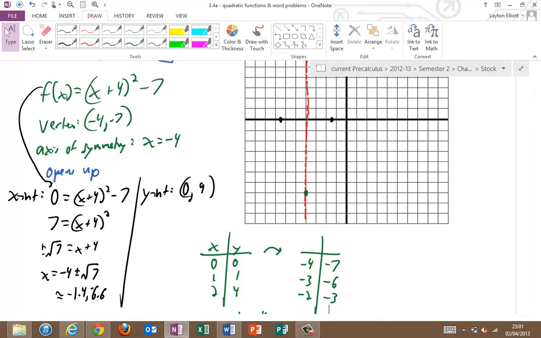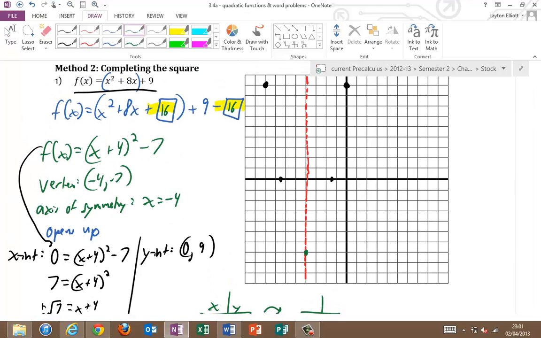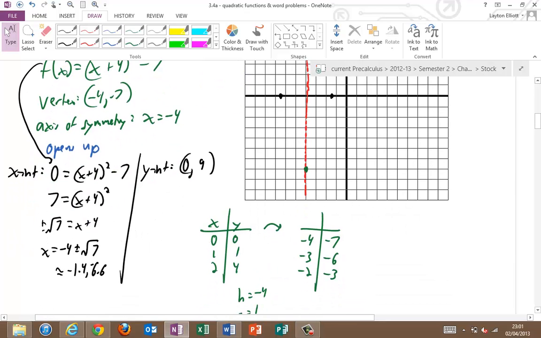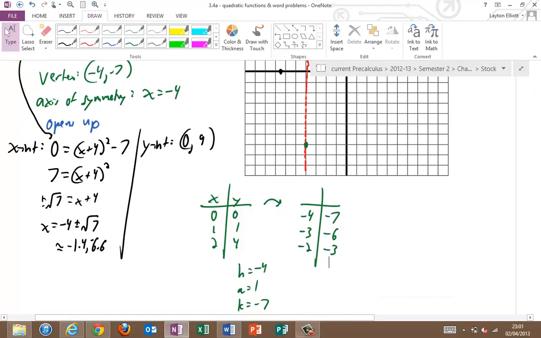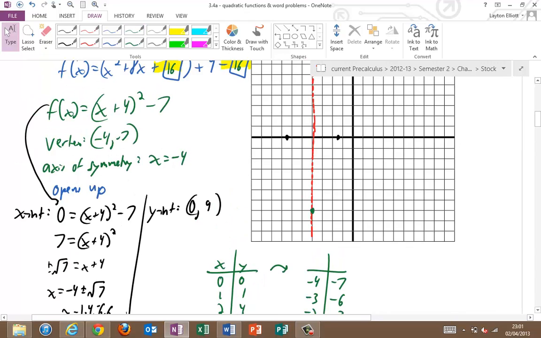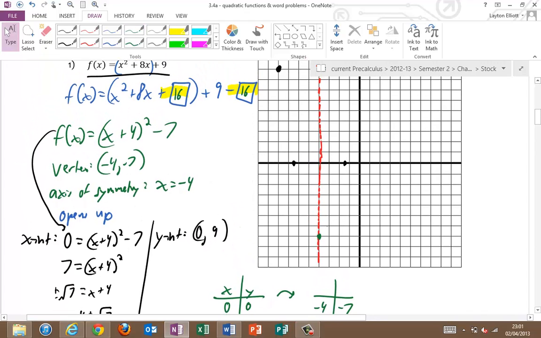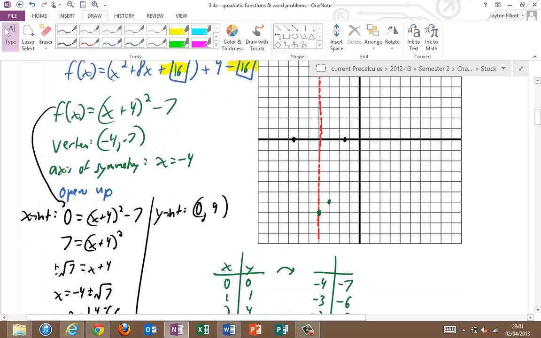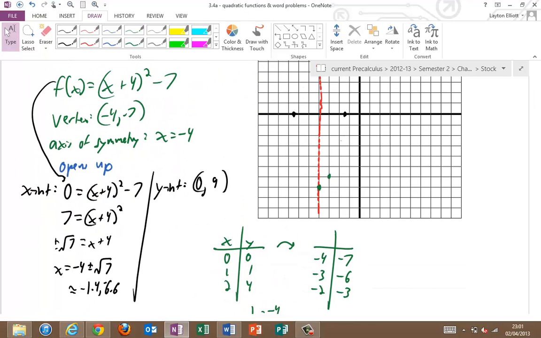Those give me some more points: (-4, -7), which we already have as our vertex. (-3, -6) would be here, and (-2, -3) is here.